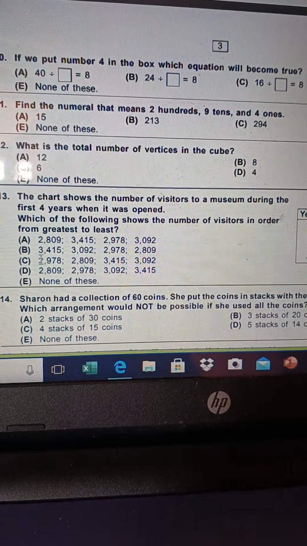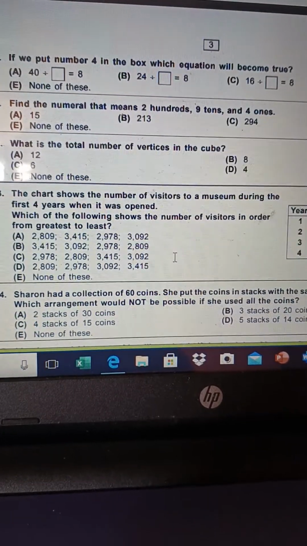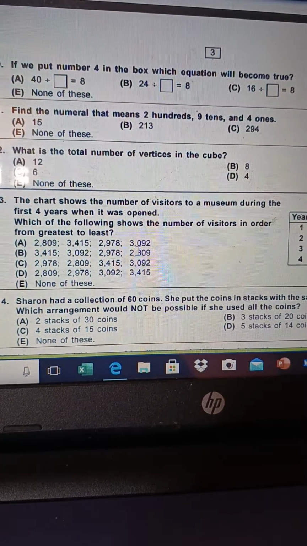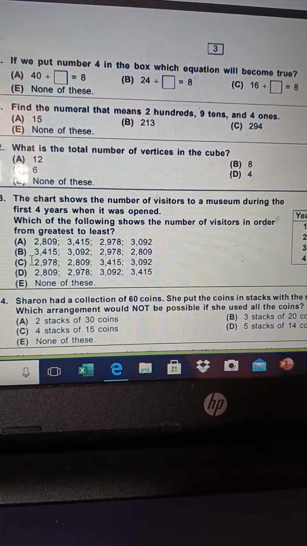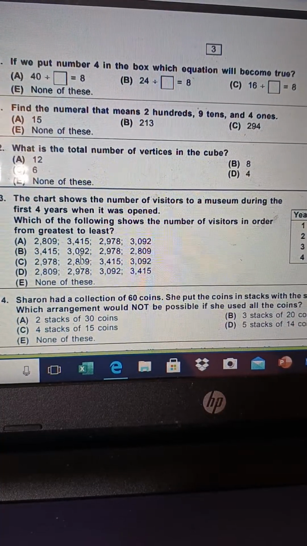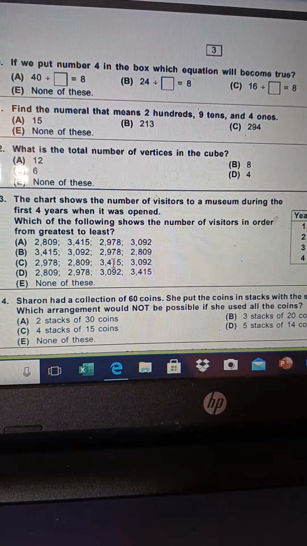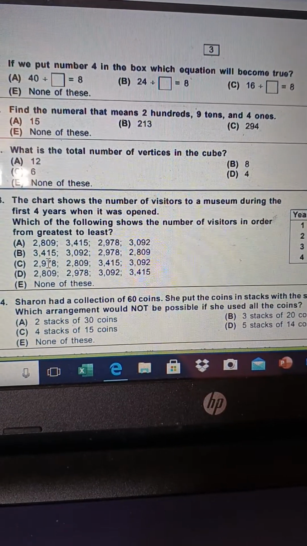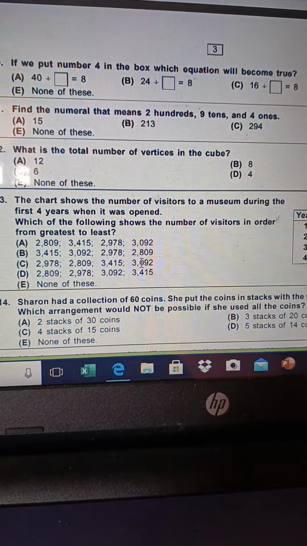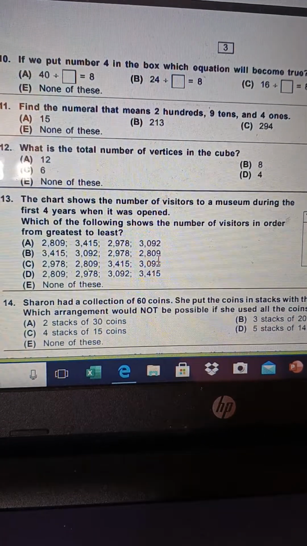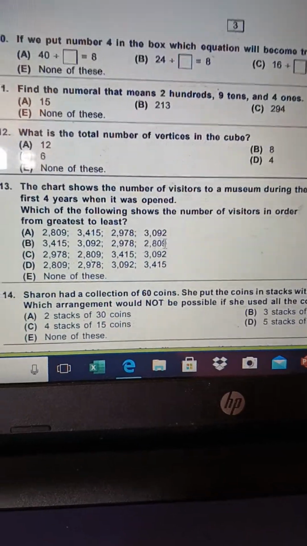So we just have to see which one is showing the greatest to least. 2809 is not the greatest one here. 3415 is the greatest one. 3092 is the correct one. 2978, 2809. So see, the order is decreasing as we move down. So it is becoming from the greatest to the lowest. So B is the correct answer.